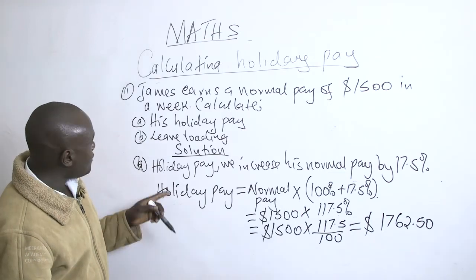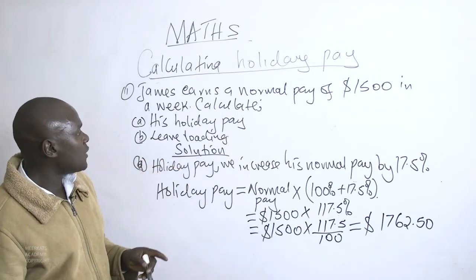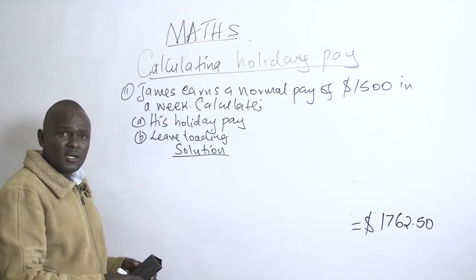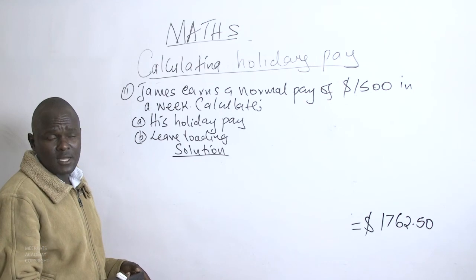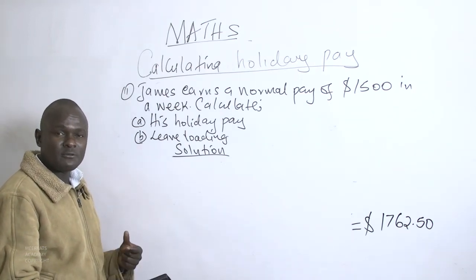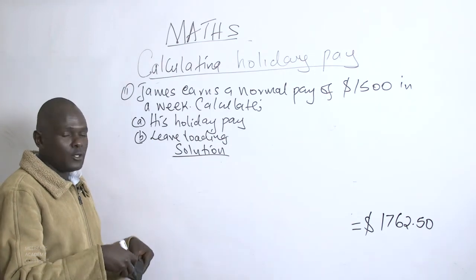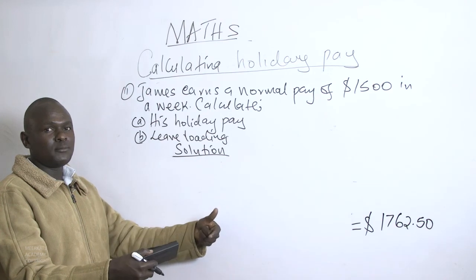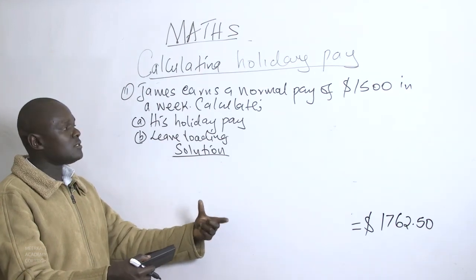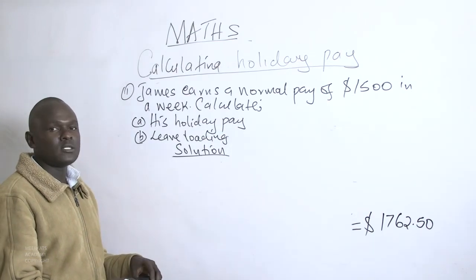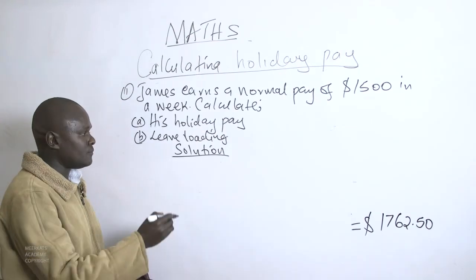So we move on and look at the second question. How do we calculate the leave loading? Leave loading, we said, is a bonus. And how do we get this particular bonus? It is basically the difference between the holiday pay and the normal pay. That difference is what we are calling the bonus. And that bonus is given a special term, which is actually referred to as the leave loading.